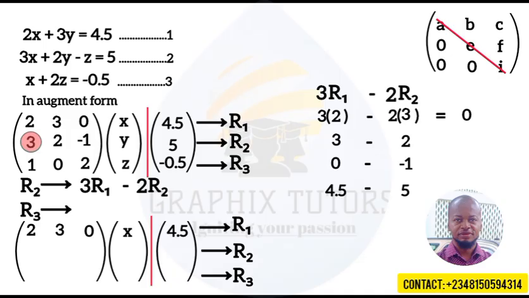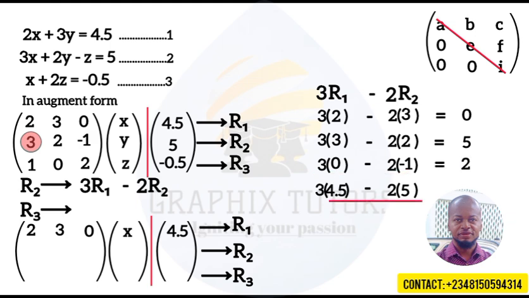So every element in row 1, I'll multiply by 3, and every element in row 2, I'll multiply by 2. So at the end of the day, from here 3 times 3 is 9 and 2 times 2 is 4. So 9 minus 4 is 5. 3 times 0 is 0 and minus 2 times minus 1 is plus 2, so 0 plus 2 gives us 2.